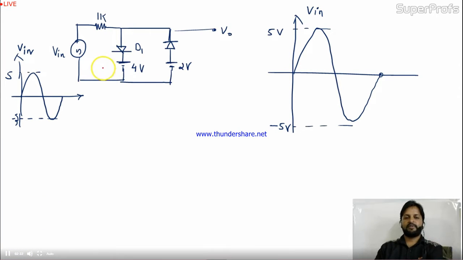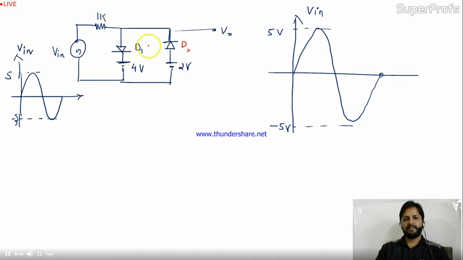So friends, observe this. This D1 is connected with this 4 volt battery in series, and this is D2. D2 is connected in series with a 2 volt battery. If you want this diode to be forward biased, the voltage here should be greater than 4 volt. Then only the diode D1 will conduct.